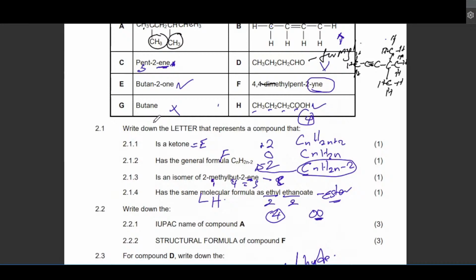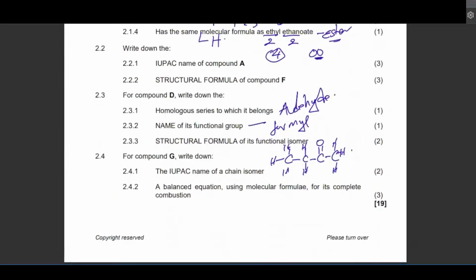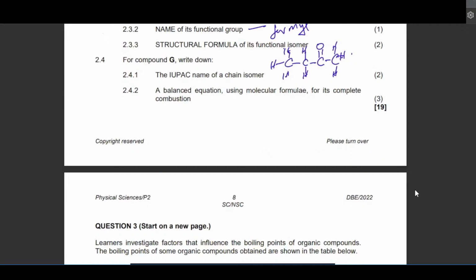Butane is 4, so I have to make it 3. 1, 2, 3, 4, it's a straight chain. But now I have to bring this here. So it is going to become 1, 2, 3, then a branch, then I put the hydrogens there. But this is not the answer.